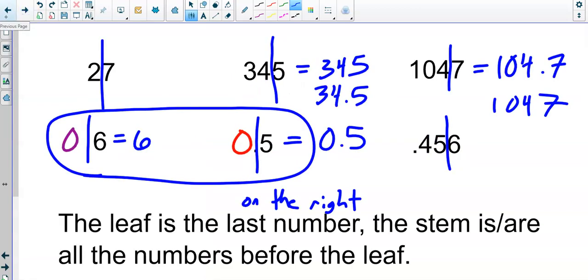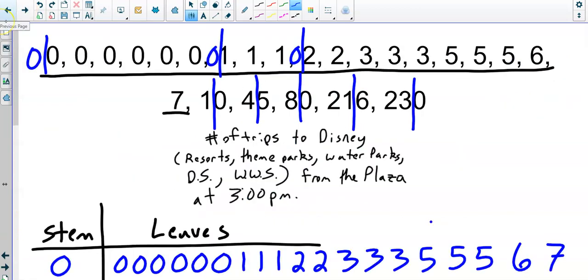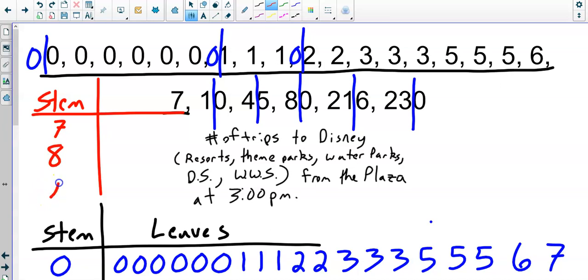And again, like I said, in your assignment, they will actually have your stem and leaf plot set up for you. So it will actually say stem, and it will be like 7, 8, 9. And then over here, you'll have leaves.